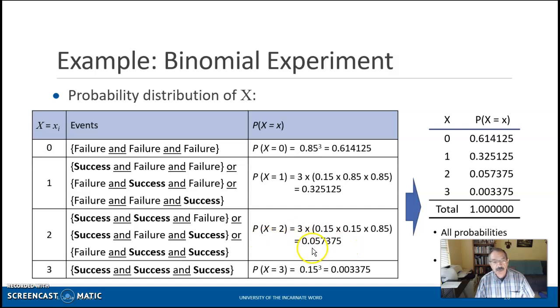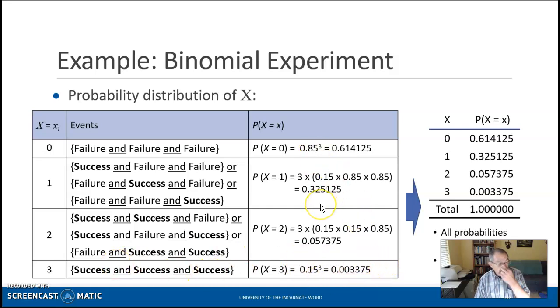And here's the probability. So the random variable will take on the value of 3 when we have 3 successes. So there is only one sequence, and that will be 0.15 times 0.15 times 0.15, or 0.15 to the third power. And that's because these events are independent.